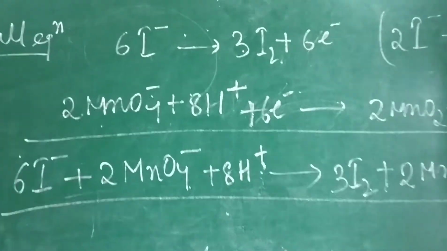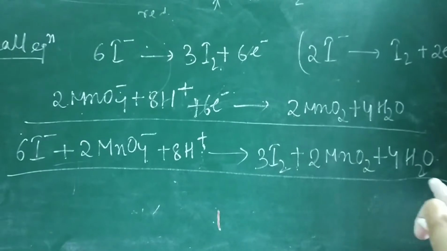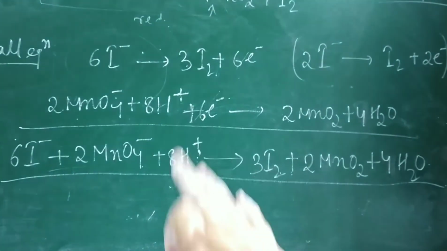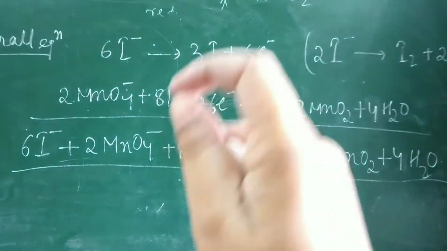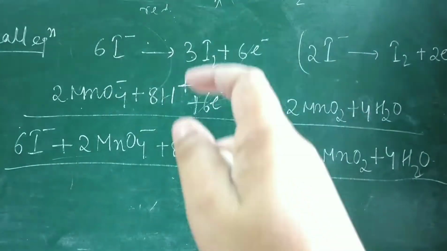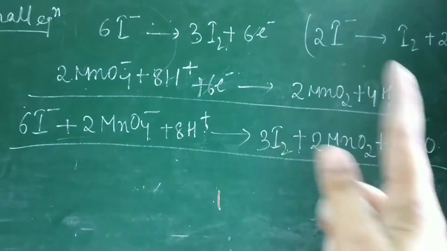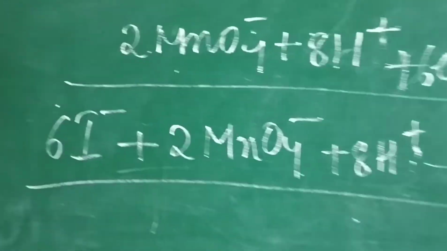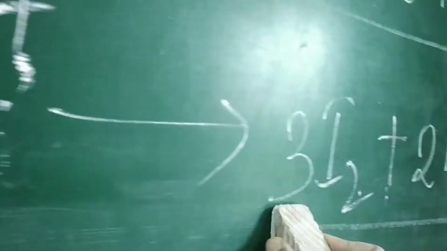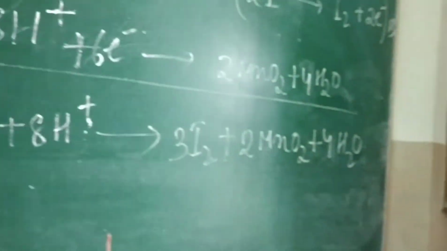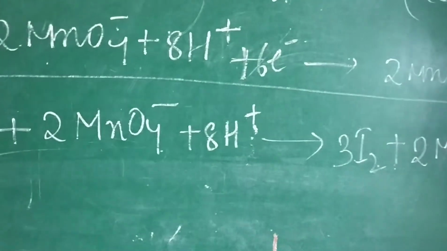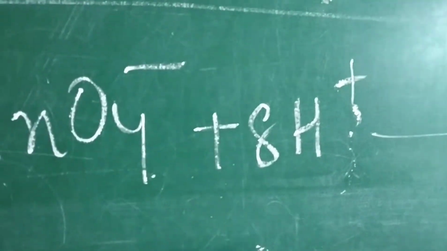So in this equation 8 H plus ions are present. So we will add 8 OH minus ions on both sides of the equation, so that the balanced equation does not get disturbed. That is why we will add OH minus ions on both sides of the chemical equation.